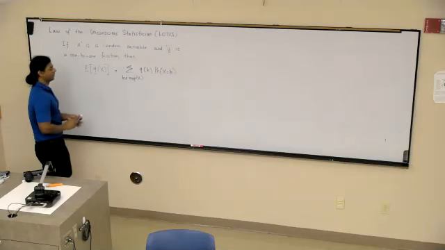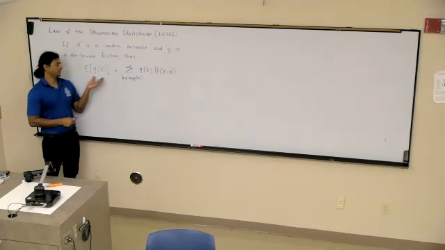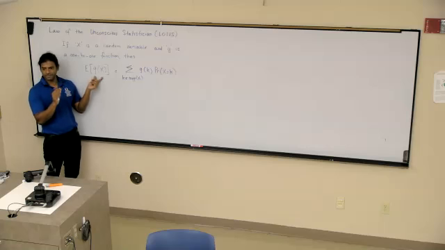Is this true? Is x squared a one-to-one function? No, but if you restrict the domain, it will be one-to-one, correct? So in the problems that we are going to do, we are going to restrict the domain.